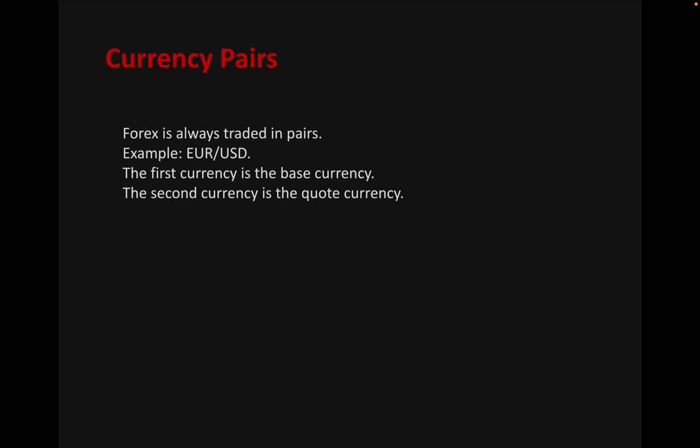So we have to trade them in pairs. It has to be the Euro versus something else, or the US dollar versus something else. For example, EUR/USD, the Euro versus the US dollar. The first currency is the base currency, which is the one we're actually buying or selling, and the second currency is the quote currency.